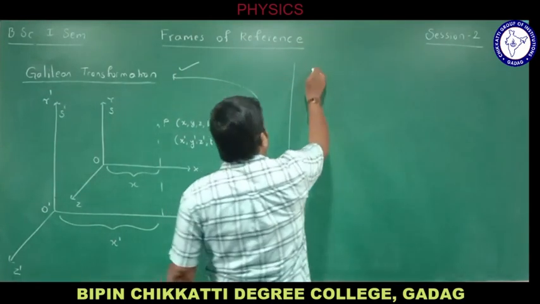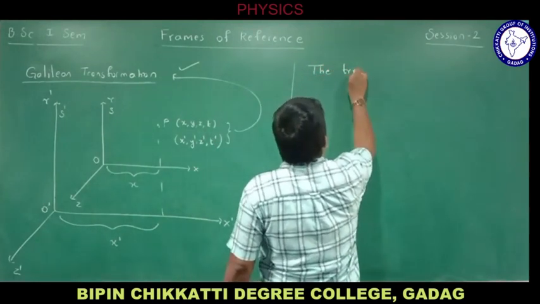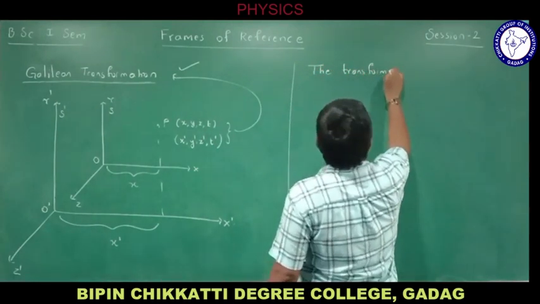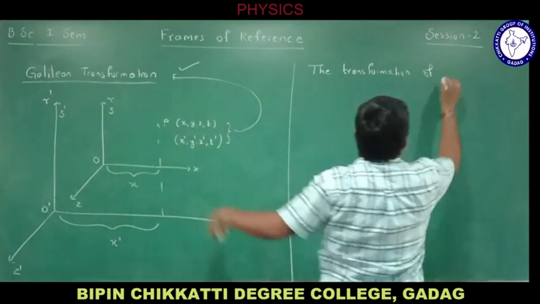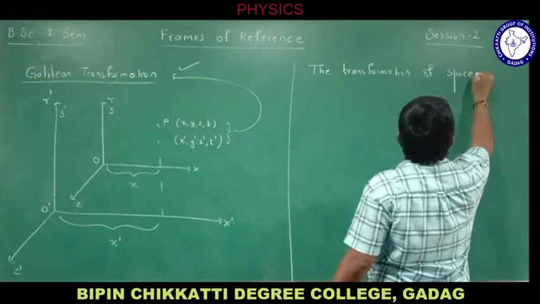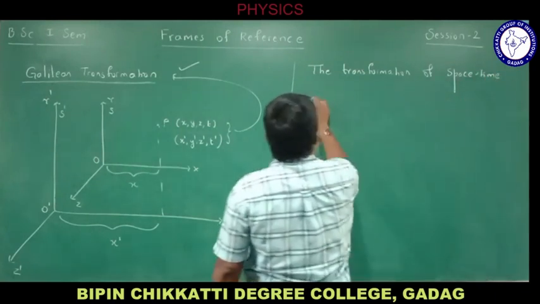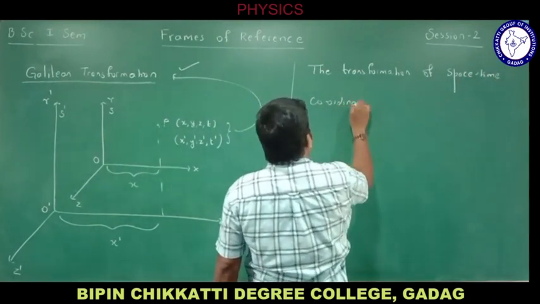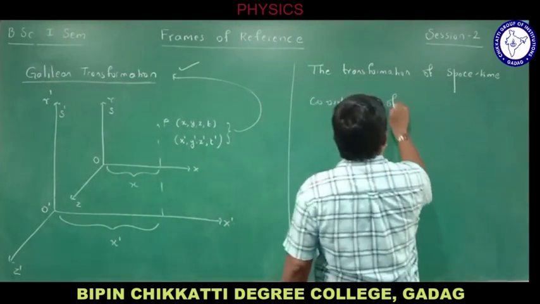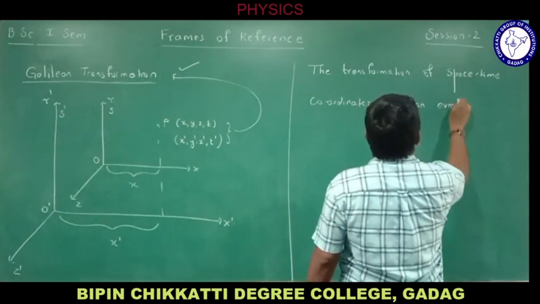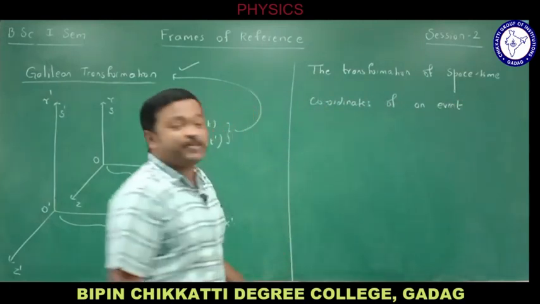Okay, what is Galilean transformation? What is this transformation all about? It is the transformation of what? These are the space-time coordinates. The transformation of space-time coordinates of an event which takes place at the point P, right?